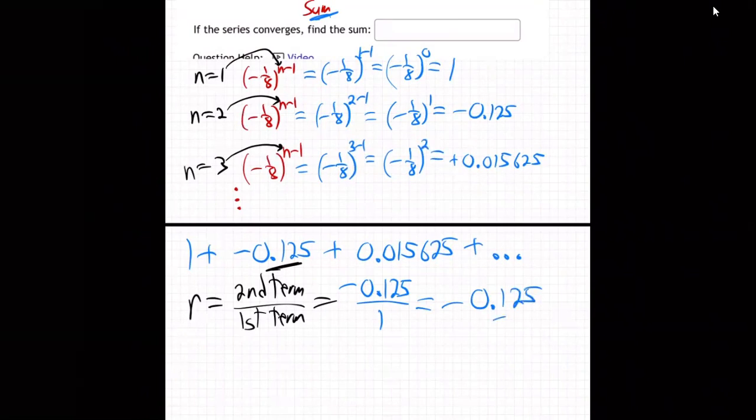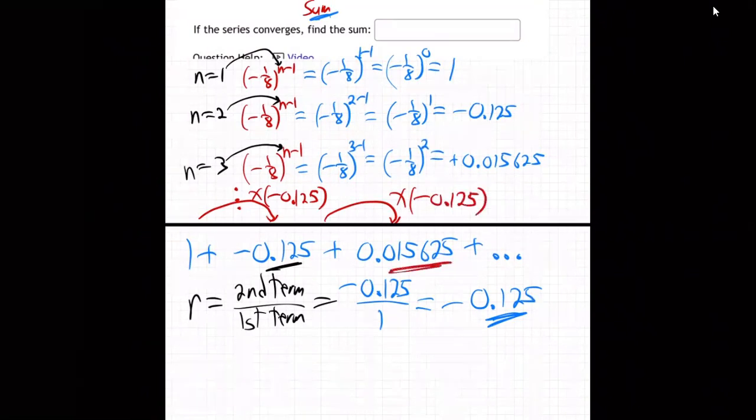That's the ratio. In other words, that's what's being multiplied every time. You could test that: to go from this term to this term, you go times negative 0.125. 1 times negative 0.125 is negative 0.125. Then you do it again, times negative 0.125, and you get this term. That's the common ratio.